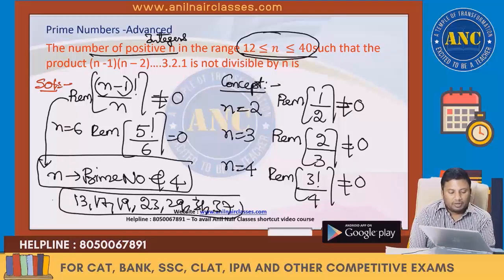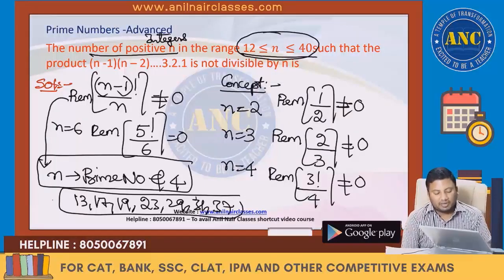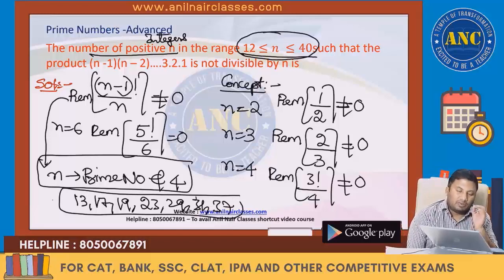Please write down: 13, 17, 19, 23, 29, 31, 37. (n minus 1) factorial is never divisible by n as long as n is a prime number and n not equivalent to 4. I hope the idea is clear.